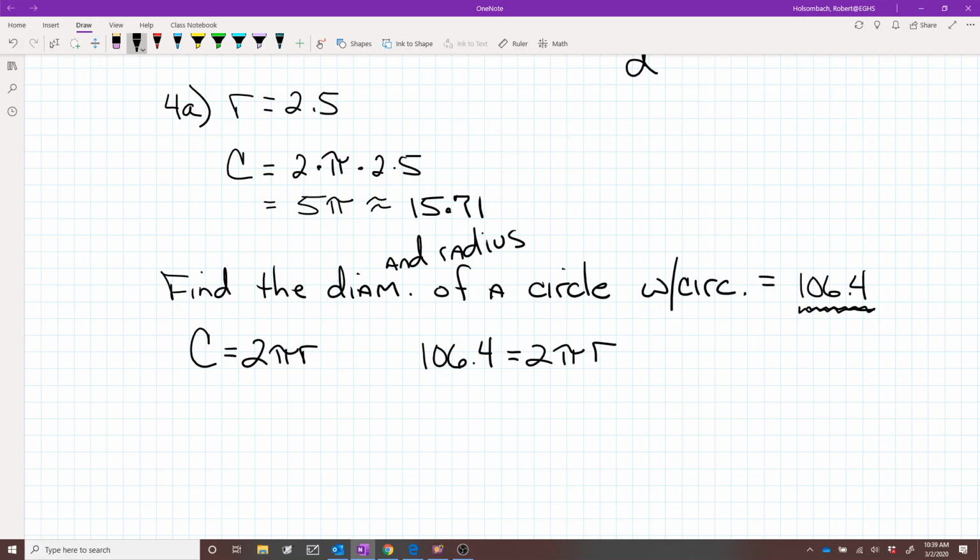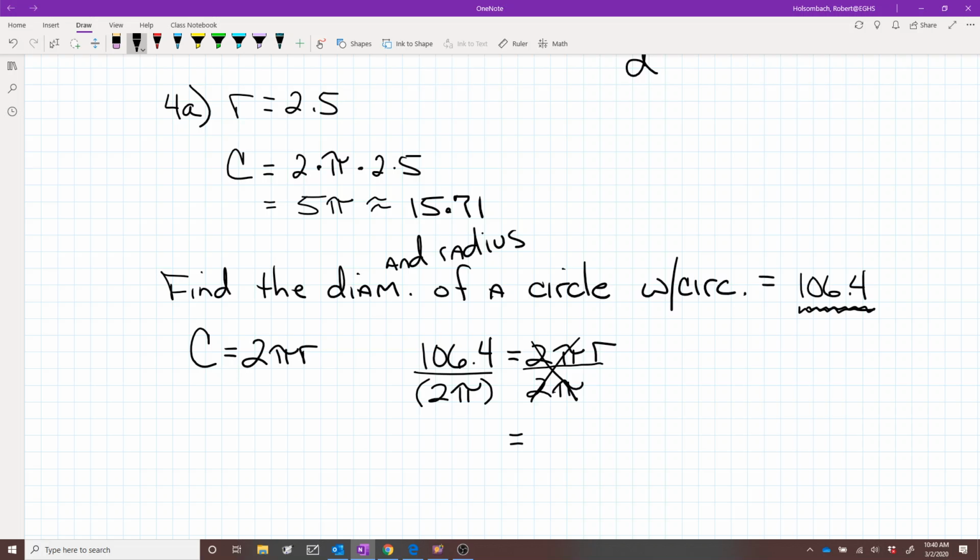Now you can solve for the radius by dividing both sides by 2 pi. The 2 pi on the right side will cancel. Now you just have to be careful here. When you divide 106.4 by 2 times pi, you put it in parentheses.